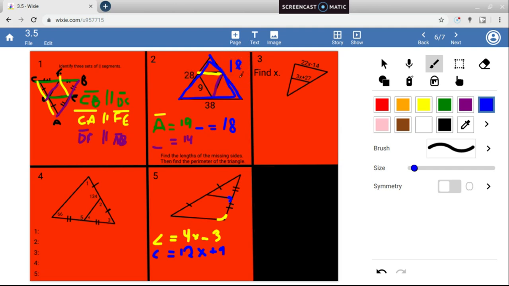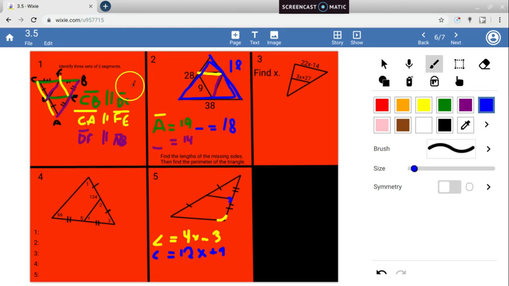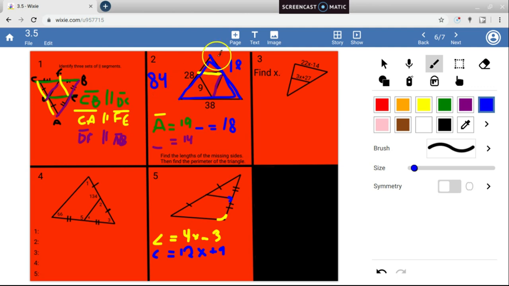Now, things aren't to scale, so even though it might look like an equilateral triangle, it's not. So let's see here. 18 plus 28 plus 38. That is 84. 84, whatever unit there is. There's not one on this one, so let's just say 84 for now. That's what you should have gotten for that.